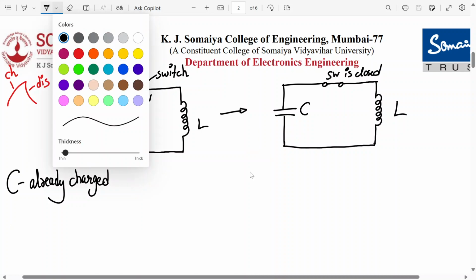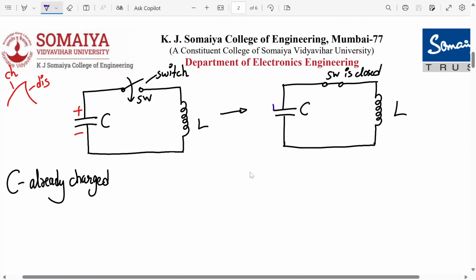All the charges which were stored inside the capacitor, positive above and negative below, will slowly discharge like this via the inductor. Slowly discharge in the sense 10 will become 9, 8, 7, until it becomes 0. So the capacitor will keep on discharging.